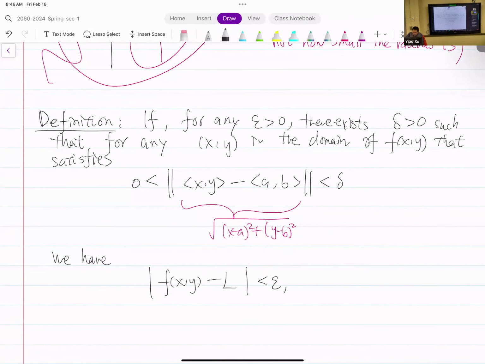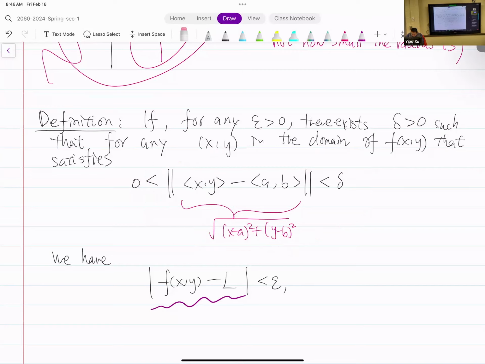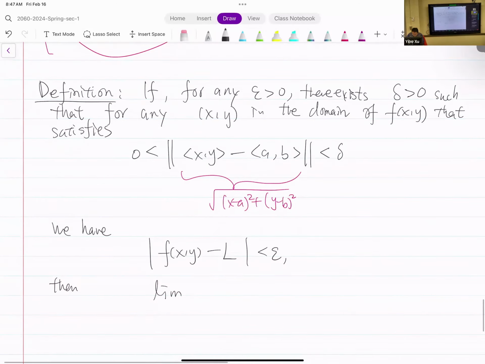Basically, this is saying, as long as your input point is within delta distance from the data point AB, then your output is epsilon close to the limit, capital L. If that's the case, then the limit exists and equals capital L.